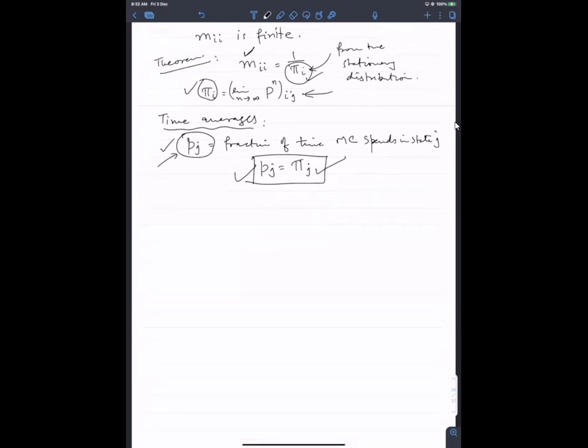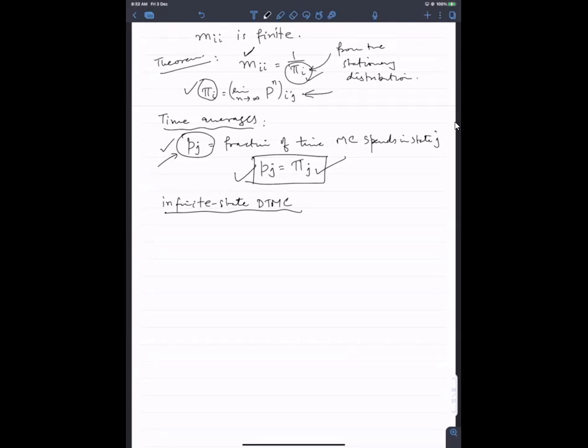Okay. So I'm just going to give you a very quick example of an infinite state DTMC. So we said that for finite state DTMC, the limiting distribution exists if the Markov chain is regular.